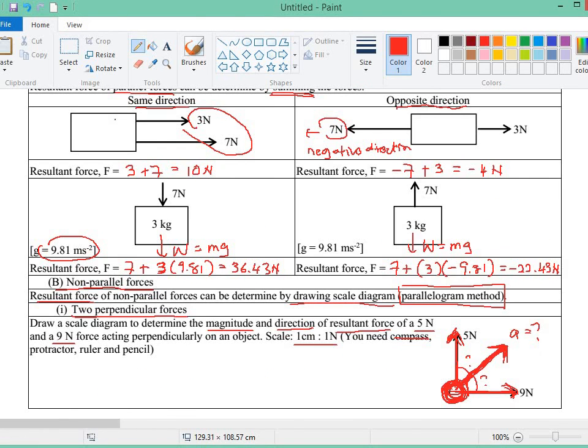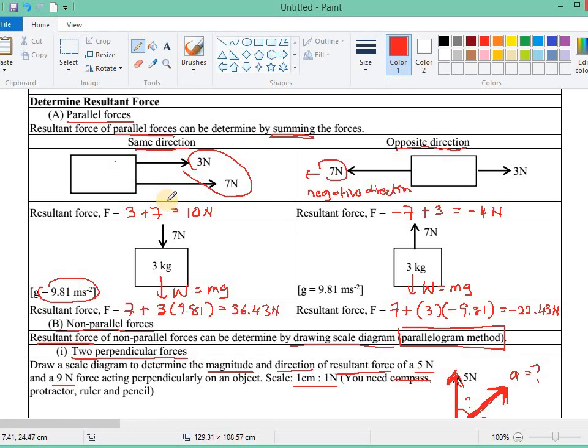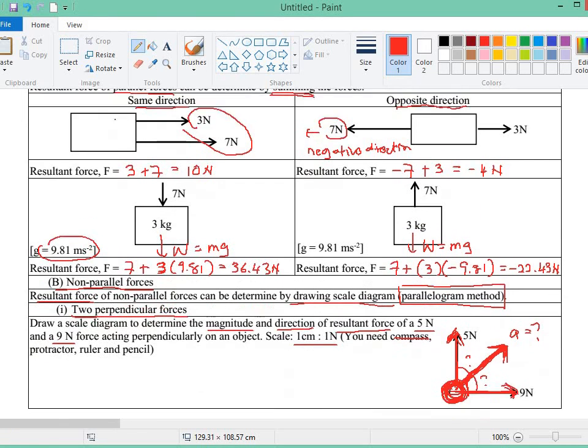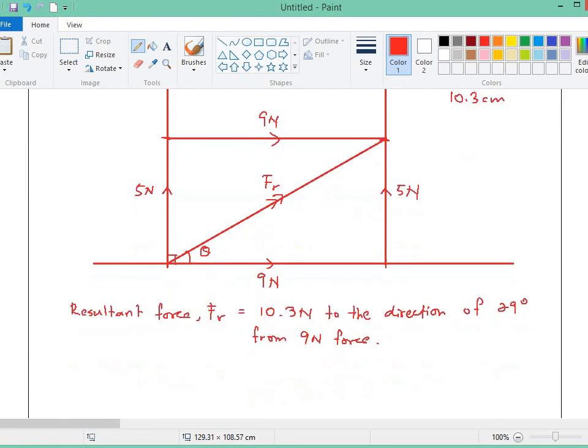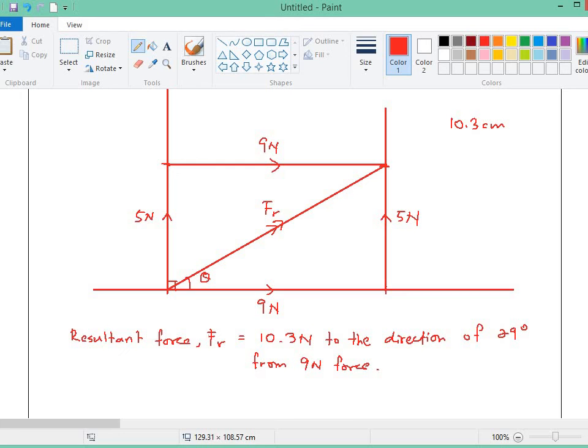This one also, the parallel forces, the resultant force is not equal to 0, so this object will accelerate. This one the object will accelerate, this one the object also will accelerate. So this one also, resultant force not equal to 0, so there will be acceleration.